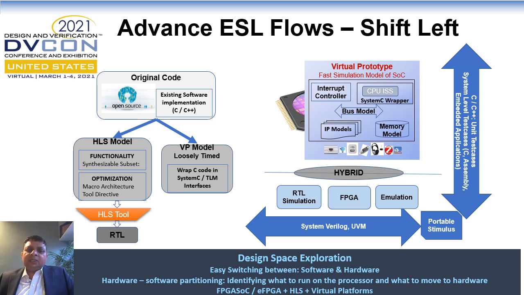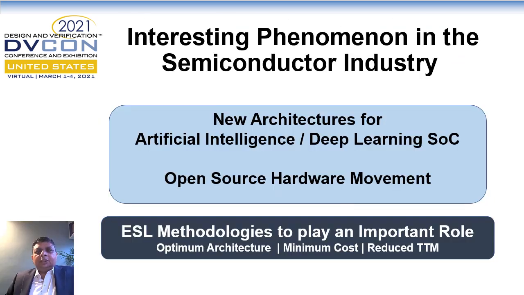Further, with these kinds of setups, we can do different kinds of design space exploration. We can do hardware and software partitioning and use combinations of FPGAs, eFPGAs, HLS and virtual platforms. There are two very interesting phenomena happening in the semiconductor industry today.